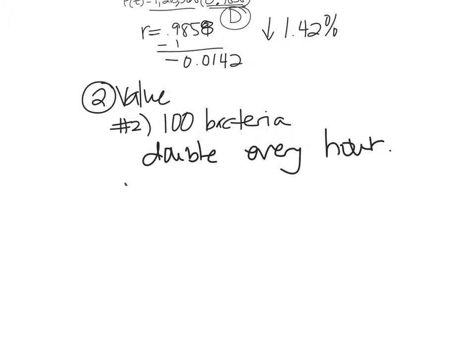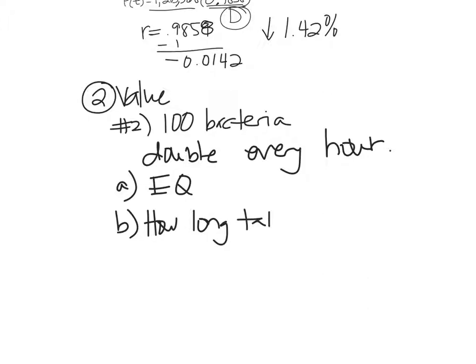So I'm going to A, write an equation that models this. And then I'm going to B, find out how long will it take for this petri dish to have 350,000 bacteria in it. It's starting at 100. How long is it going to take to get to 350,000 bacteria?